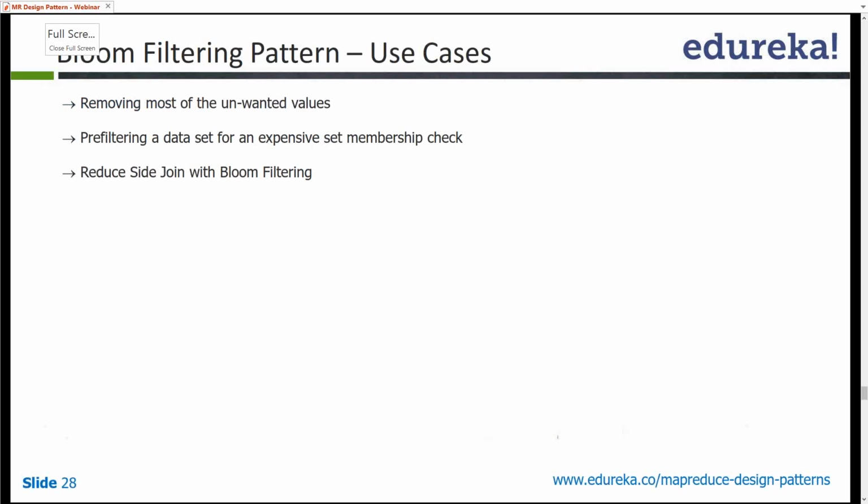The example which I gave earlier had to deal with removing the unwanted values. Pre-filtering a data set for an expensive set membership check. Now if you want to do further analysis down the line, for example, checking things in HBase, then again, the Bloom filter helps. Reduce side join with Bloom filtering is also a good use case.